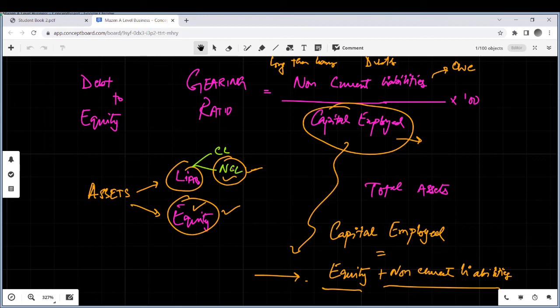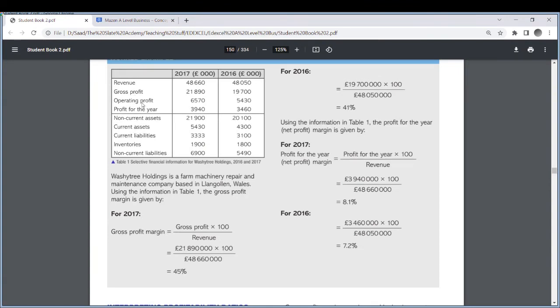Okay. From this information given, the first half, the upper top, is from the statement of profit or loss, the income statement, so we can ignore that. The lower half gives me an extract of the balance sheet, or statement of financial position. Can you tell me what is the amount of equity from this information?